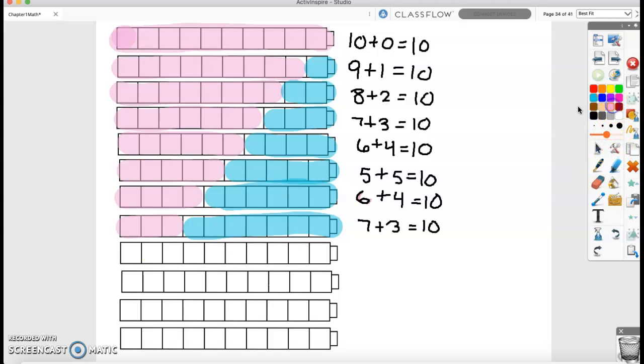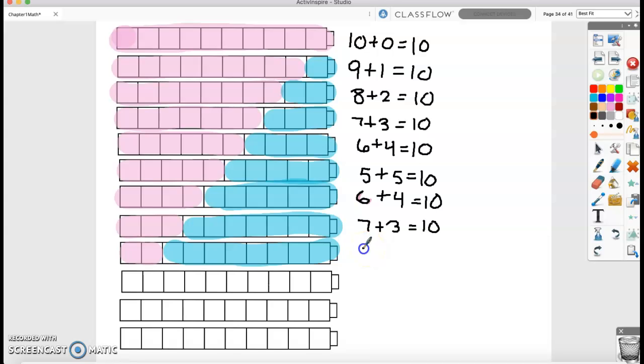Let's go to our next one. This time I'm going to color in this many and change it to blue. The rest are going to be blue. Here we go. Think about your number sentence. What do you think it is?